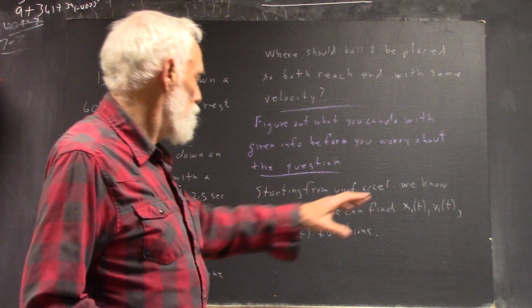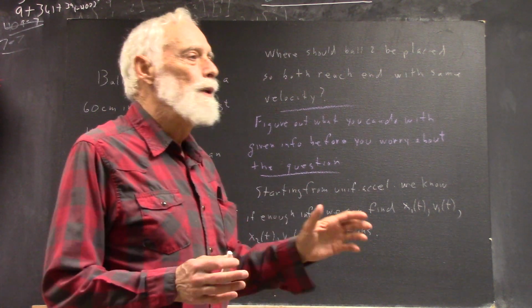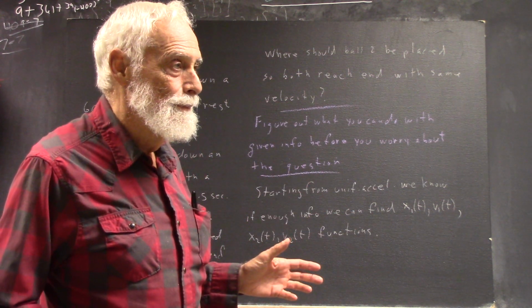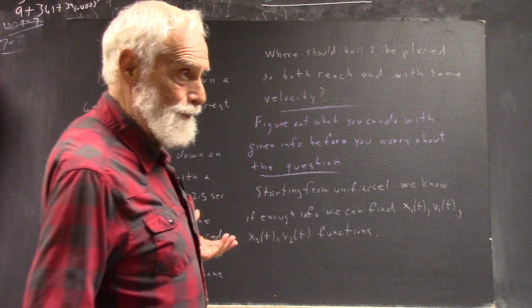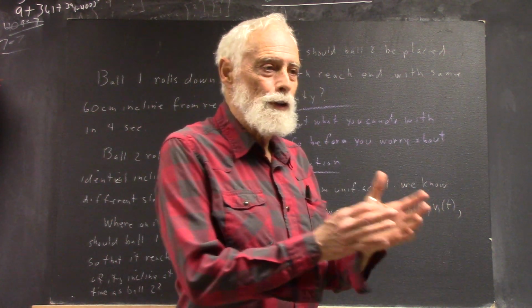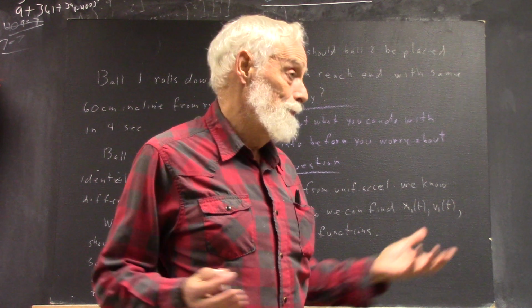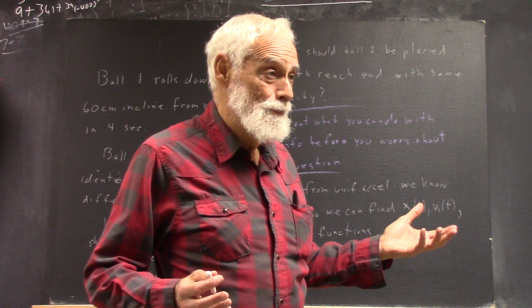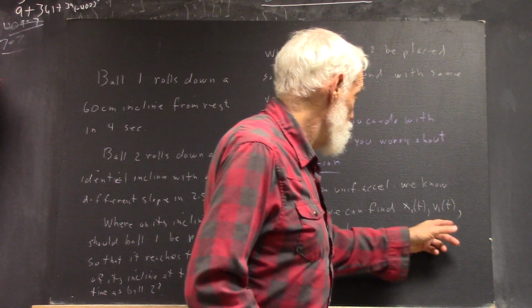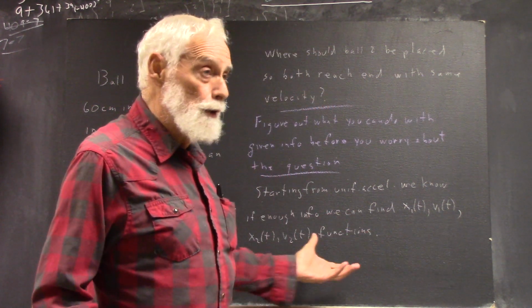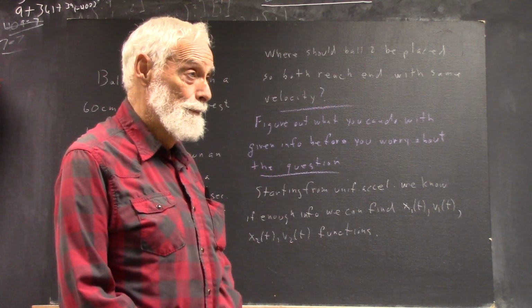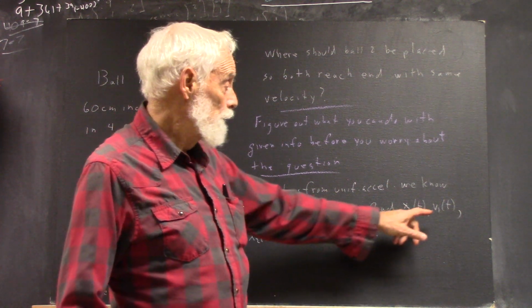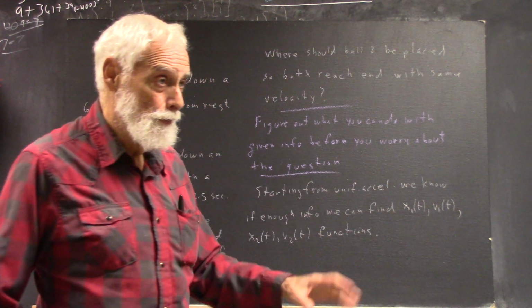Yeah, but you want to abstract it, I mean, you want to see what you're going to do with the numbers. You know that you can get a position and a velocity function for each ball, right? So all I'm doing here is writing down the fact that you get the position and velocity functions. But it helps to call one x1 of t, the other v1 of t, and so forth.